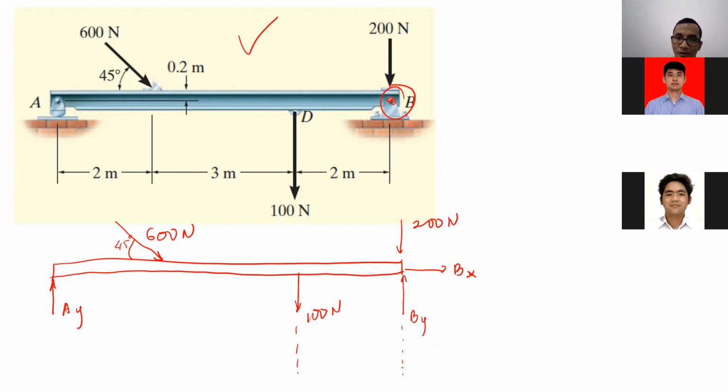So all the known values are supposed to be there, and all the unknown values are supposed to be there as well. So we have to draw, from here to here is 2 meters. What else? From here to here is 3 meters.